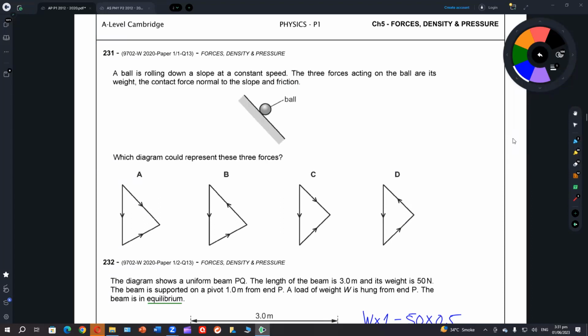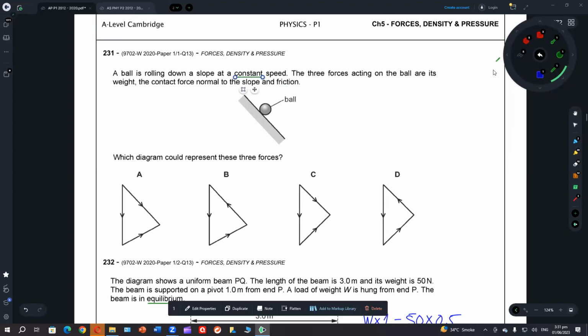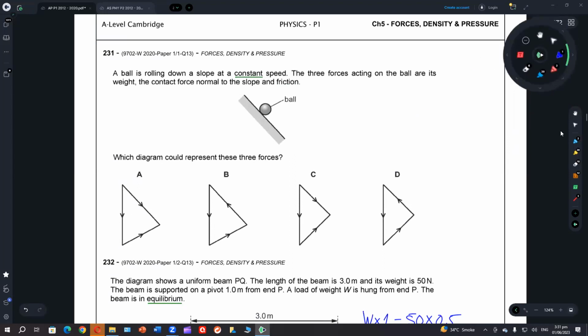A ball is rolling down a slope at a constant speed. Constant speed is something very important. The three forces acting on the ball are the weight, the contact normal force, and the friction. The ball is rolling down.